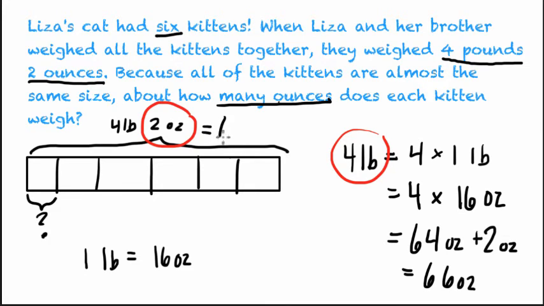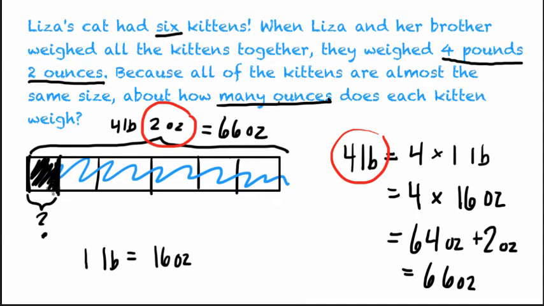This is saying that this total bar, this whole entire bar, is 66 ounces. Okay, we need to know how much 1 kitten weighs, right? We need to know just 1 kitten. So because there are 6 of them, it becomes a division problem.